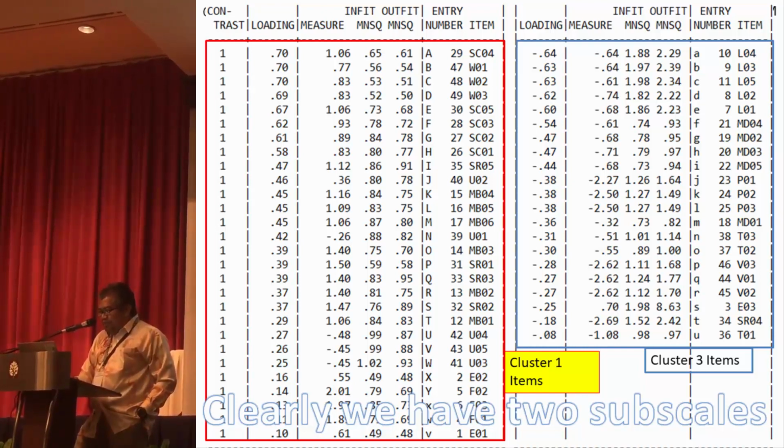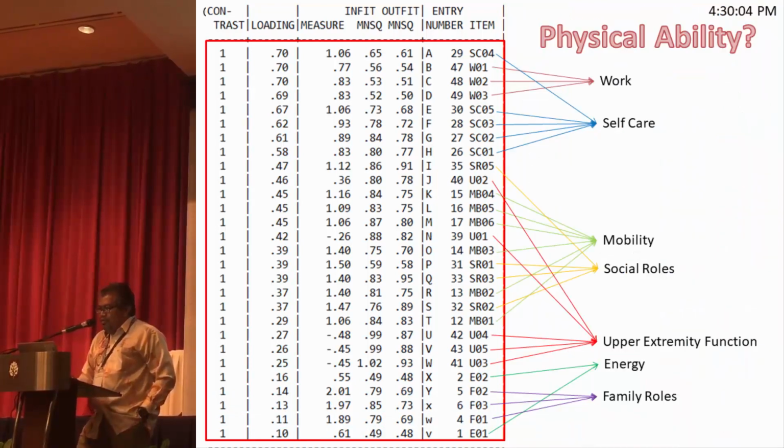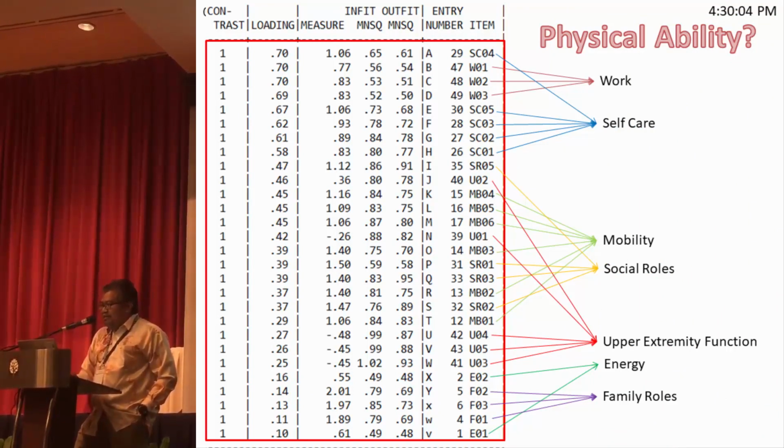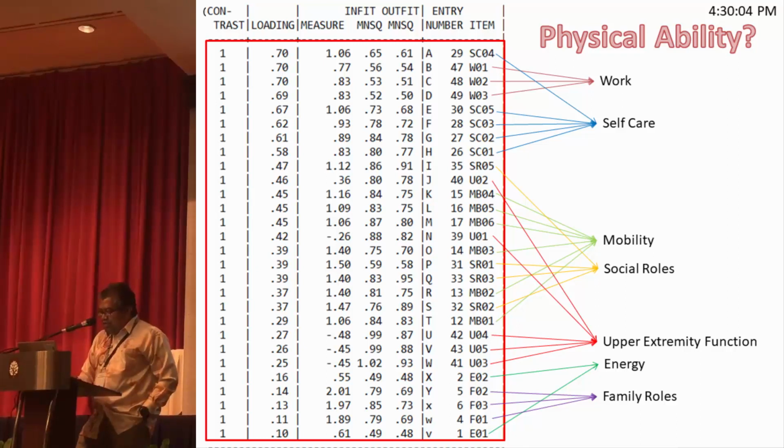So this one, you can check which belongs to which dimension. You can see here, the first cluster is really measuring physical ability. Why? The first cluster is measuring work, self-care, mobility, social roles, upper extremity function, energy, and family roles.